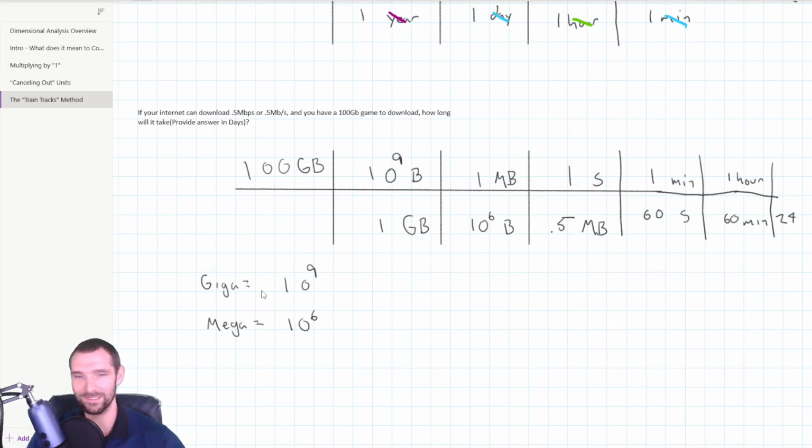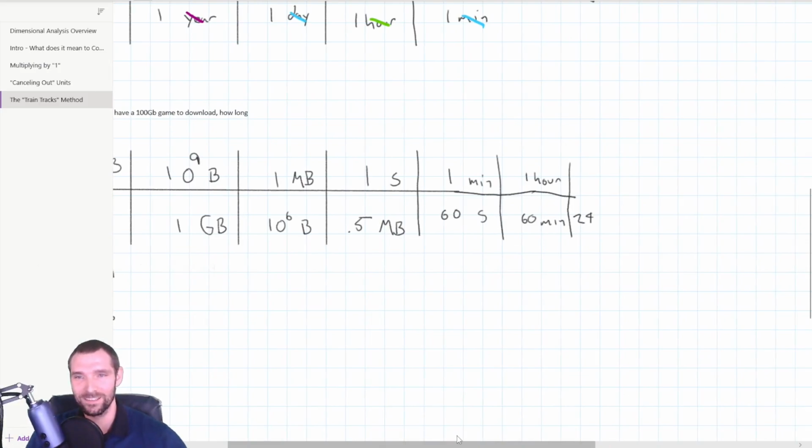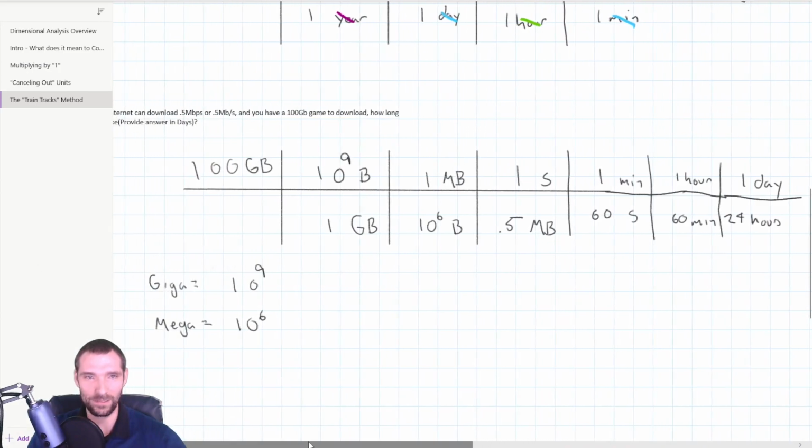I'm running out of space. Oh, wait, I can scroll over. 24 hours. And that's equivalent to 1 day. And we can do that problem. It's kind of a big, nasty problem, but this is the idea, right?